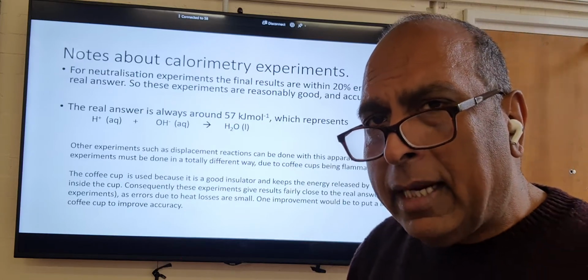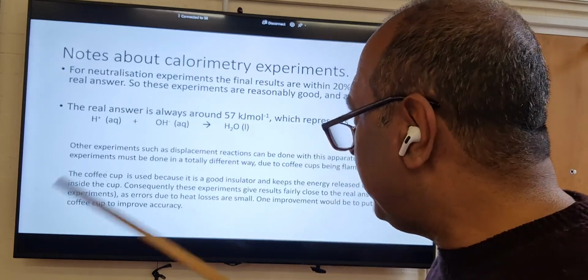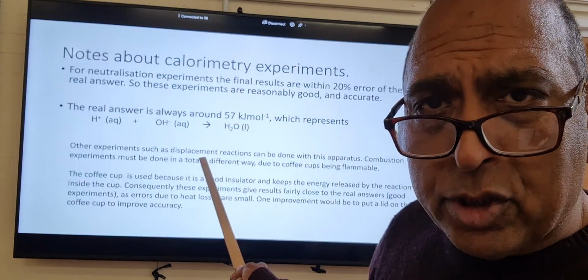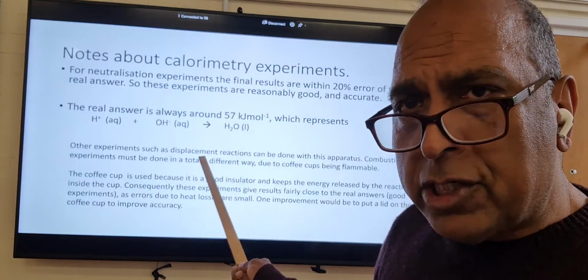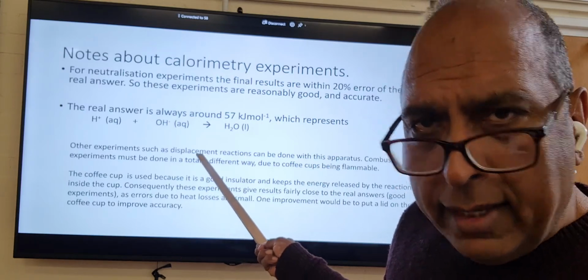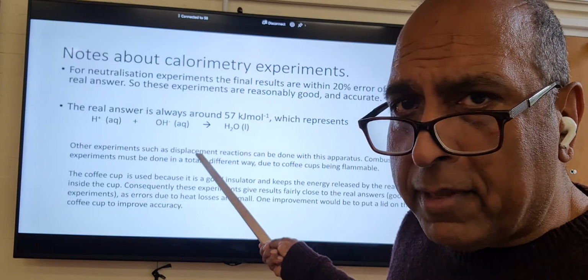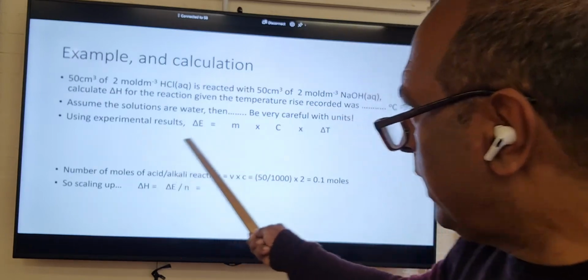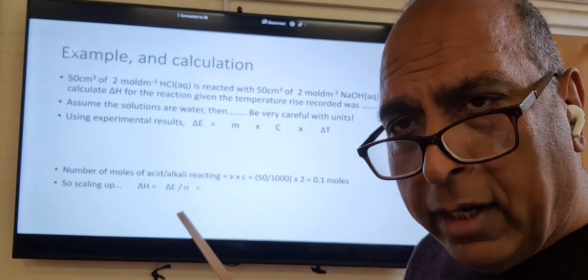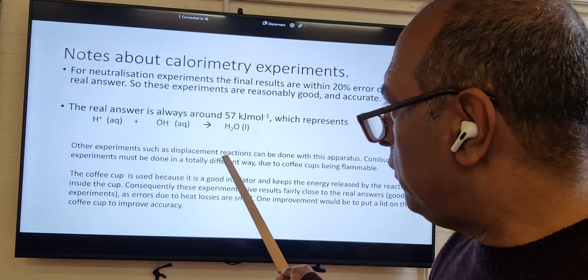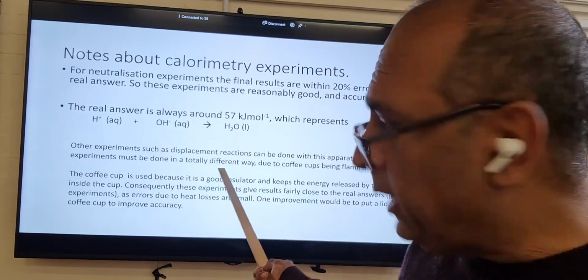Now you can use the exact same setup for, say, copper sulfate, where I wanted to tip into that some solid zinc dust. Then you could do the same thing and scale up. So that template, where we work out the energy and then scale up, can be used with other reactions such as displacement reactions.